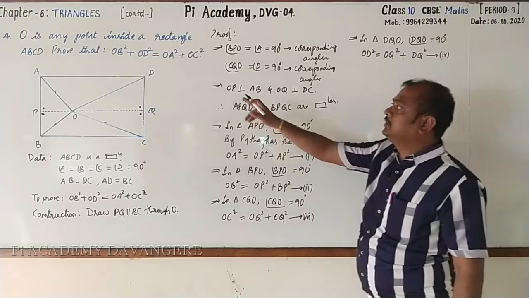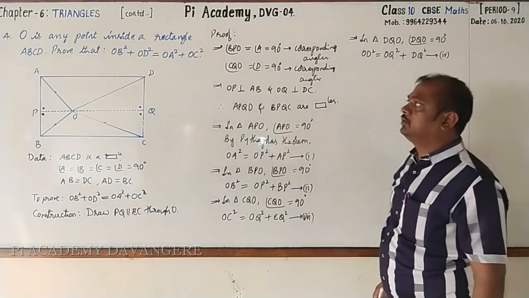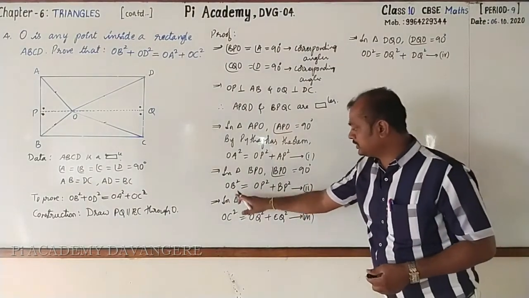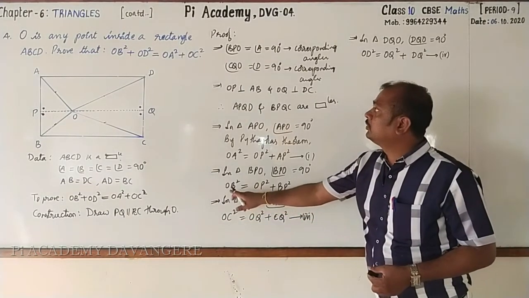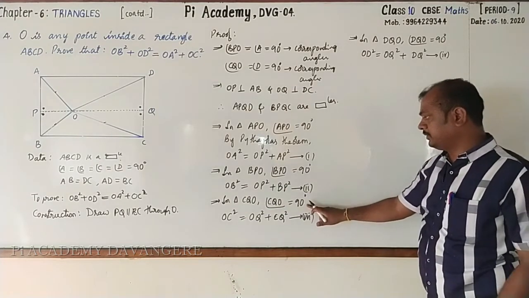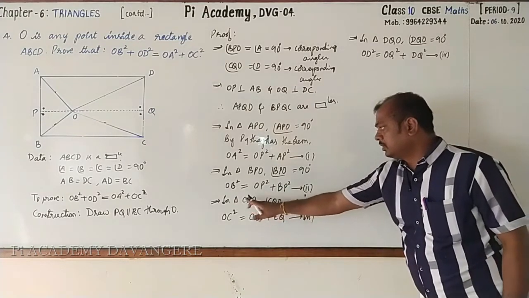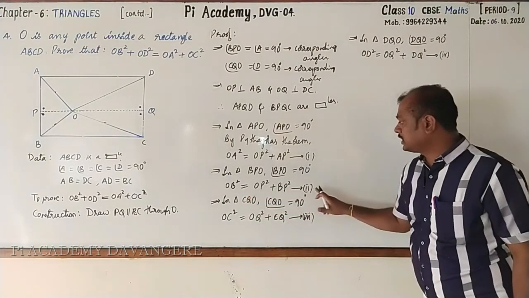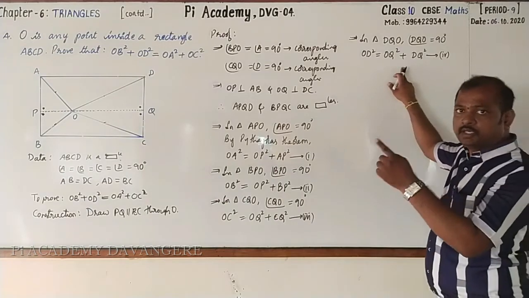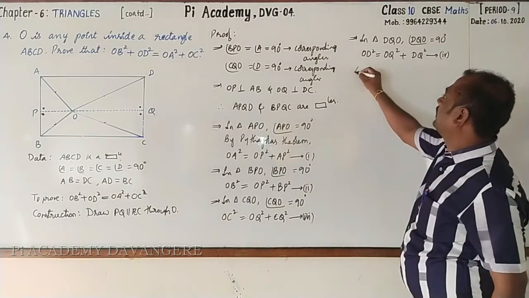Observe. Here we shall go for writing OB square plus OD square. Hence we can go for adding statement 2 and statement 4. Got it? OB square and OD square.